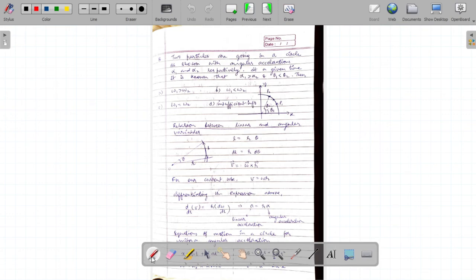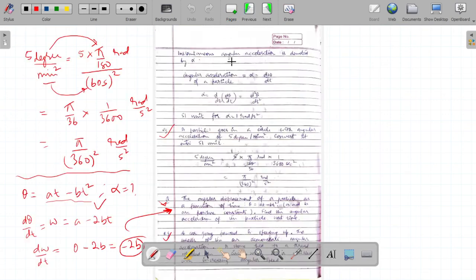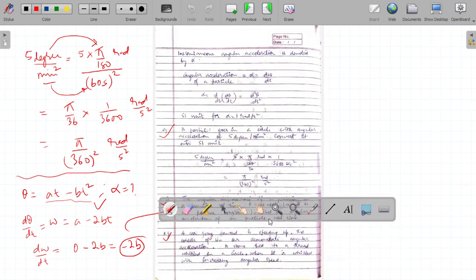So those were some examples of angular acceleration. Like when the car is going forward and speeding up, its wheels have angular acceleration, and when a stone is tied to a thread and whirled in a circle, it also shows angular acceleration.